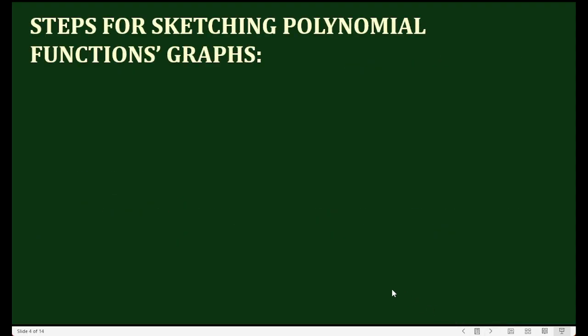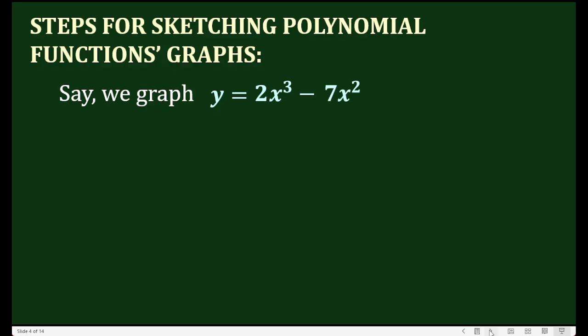Now, what are the different steps in sketching the graphs of polynomial functions? Particularly, we want to graph this polynomial function, y equals x cubed minus 7x squared minus 7x plus 12.